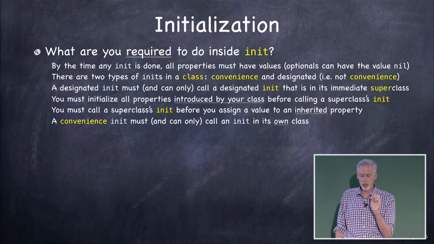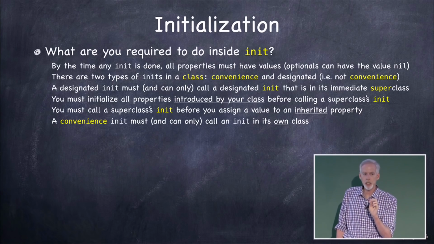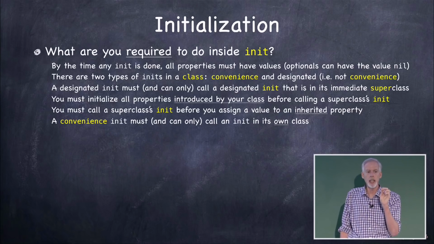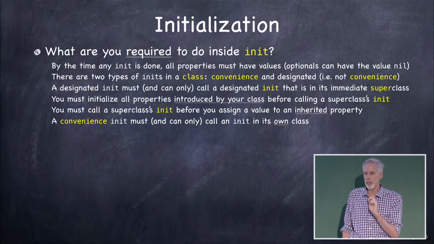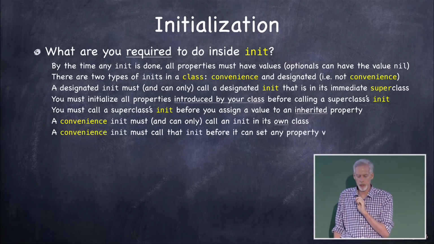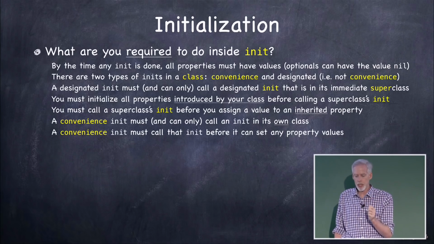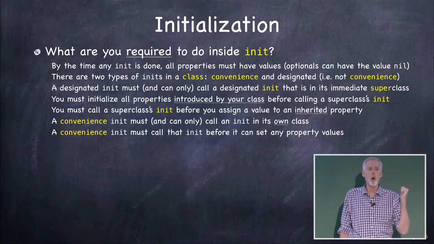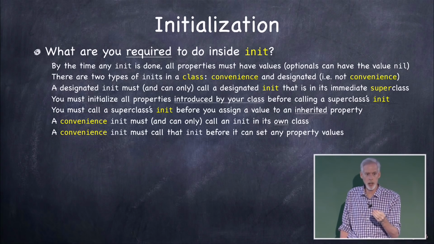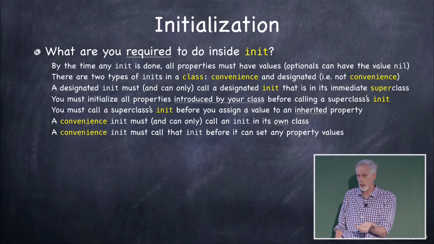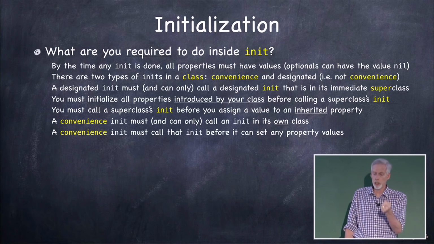A convenience initializer must and can only call an init, either convenience or designated, in its own class. It cannot call super. A convenience initializer must call that init before it can set any property values, its own or its superclass's. In other words, it must let a designated initializer initialize your own properties first, and that thing is going to call super, and it's going to initialize its.